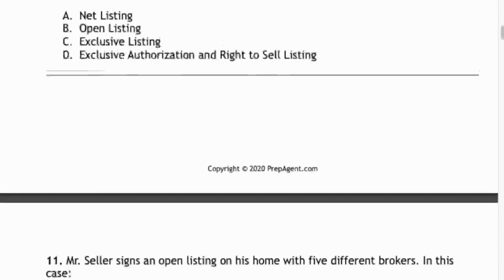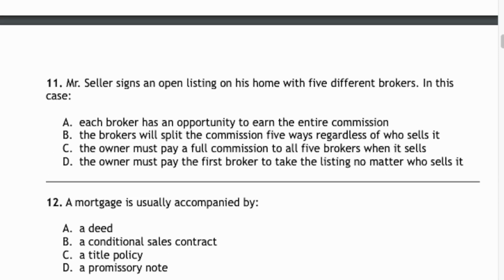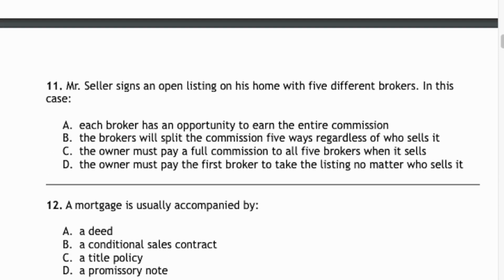All right. 11. Mr. Seller signs an open listing on his home with 5 different brokers. In this case, A, each broker has an opportunity to earn the entire commission. B, the brokers will split the commission 5 ways regardless of who sells it.